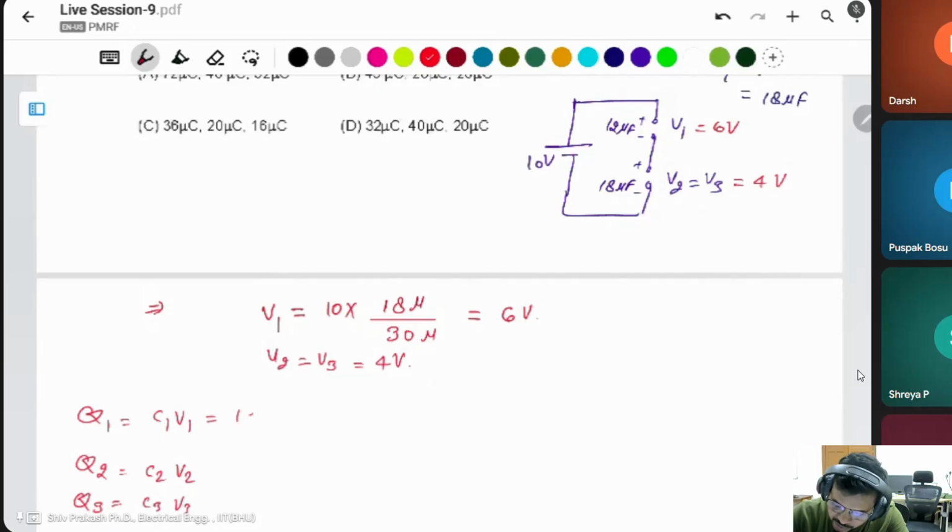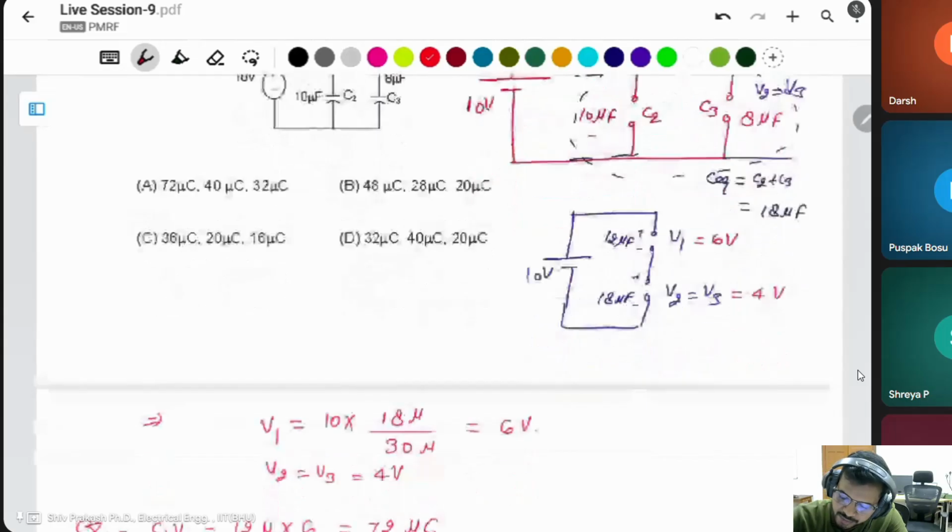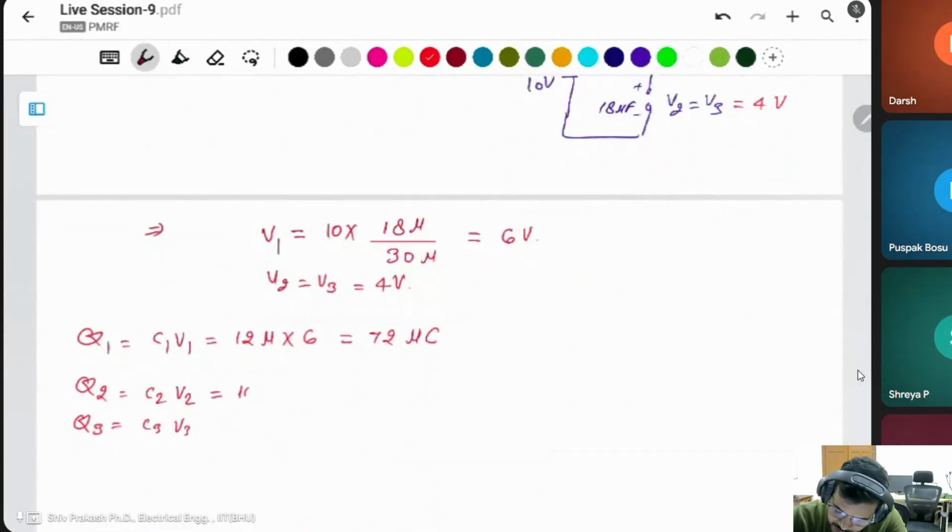C1 is 12 microfarad, V1 is 6, so this will be 72 microcoulomb. Q2 is C2 V2, C2 is 10 microfarad, and the voltage across C2 is 4 volt. 10 micro into 4 is 40 microcoulomb.